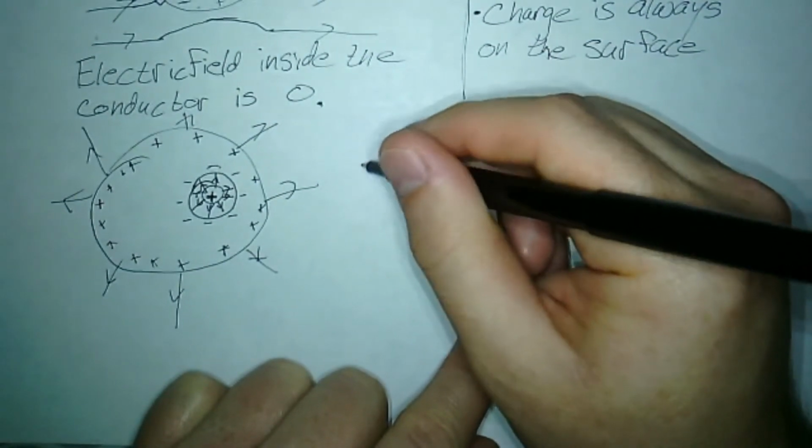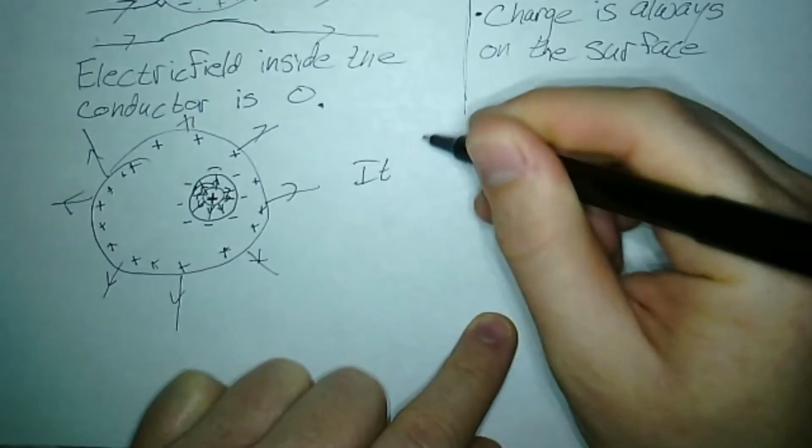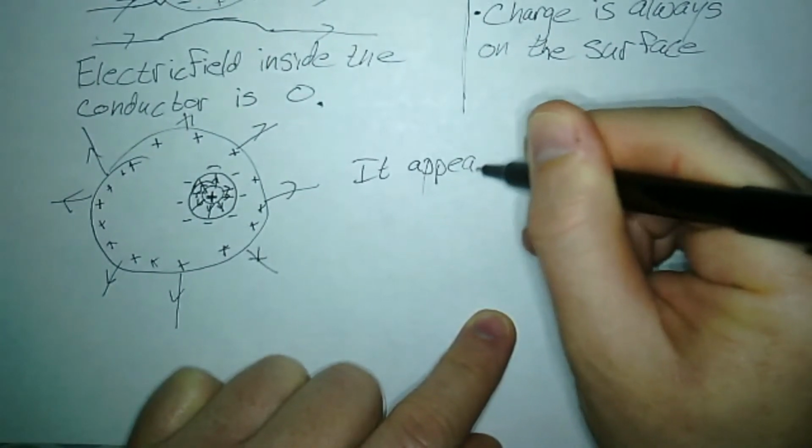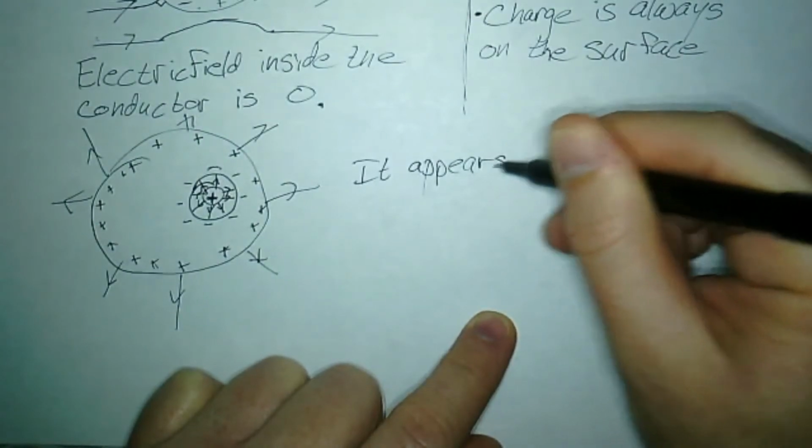So it will appear as if the charge is in the center because of that shielding effect and the way the charge distributes itself.